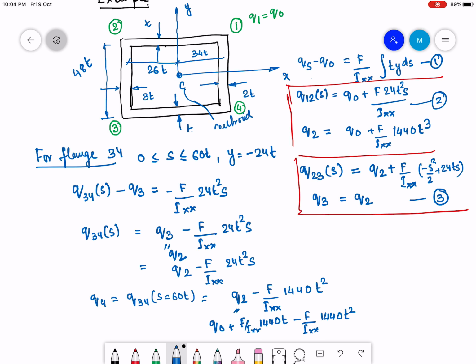Okay, so this is going to cancel out, so my Q4 is going to be equal to Q0, right?